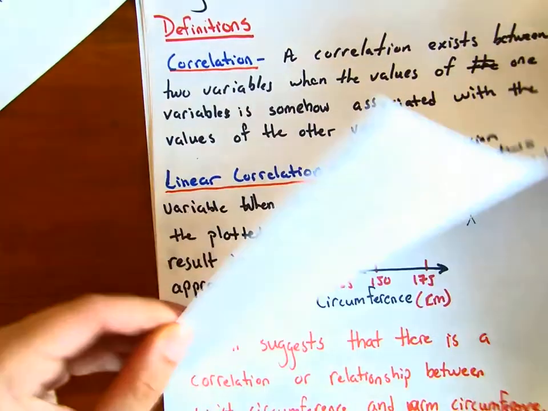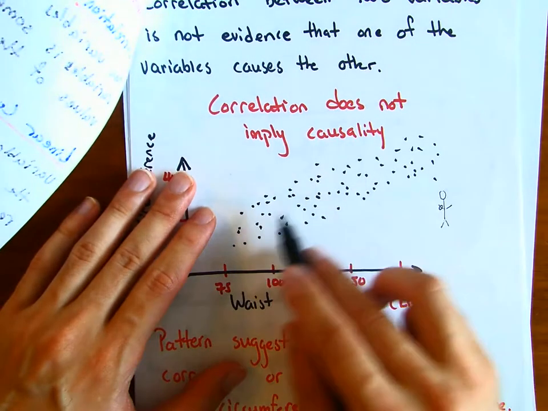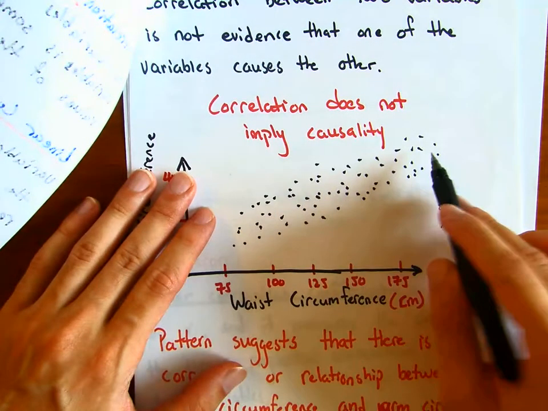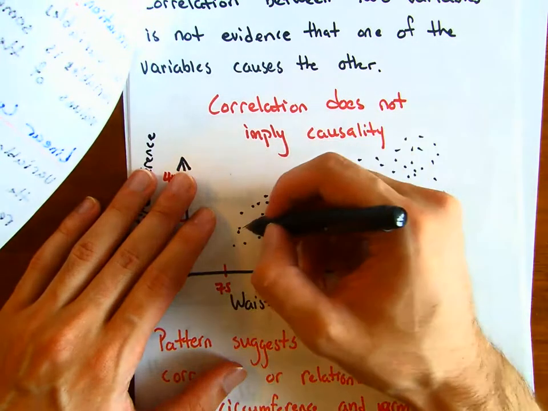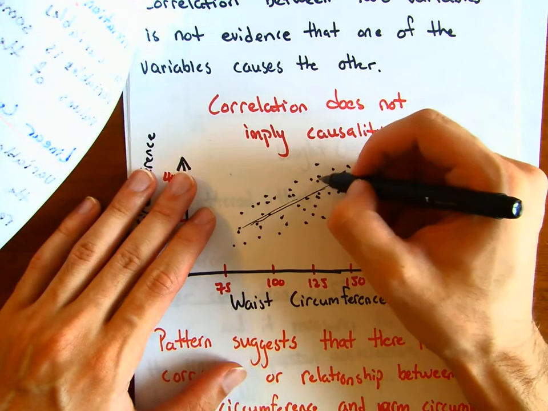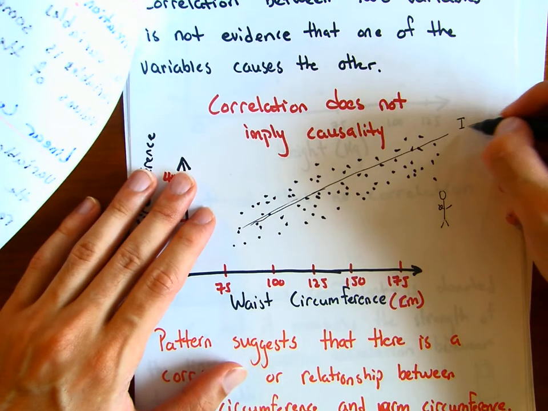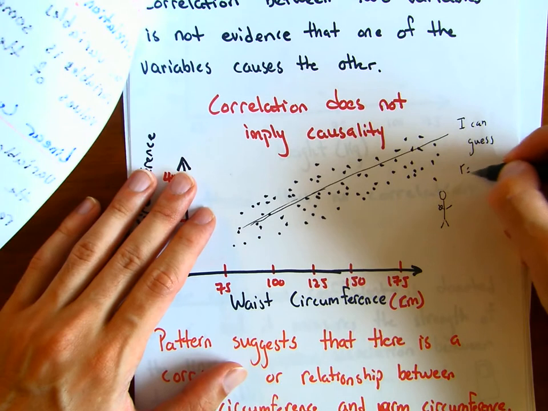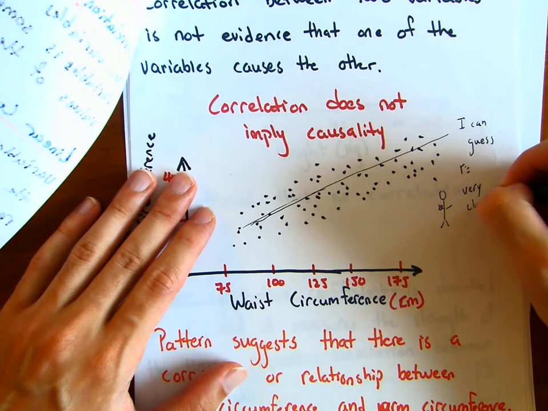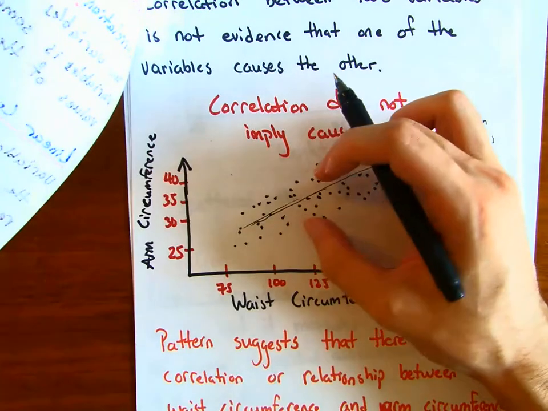Notice how if I were to draw this line that best fits, the data values are very close to this line, so I can guess that my R value is very close to 1, because the data values are very tight.